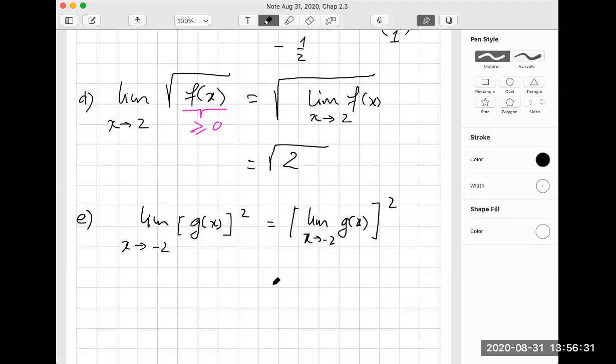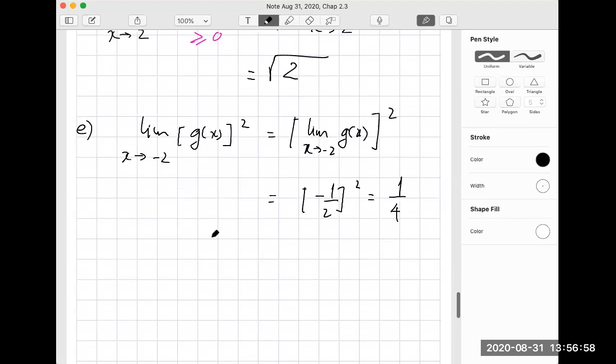And which is -1 over 2 squared. Negative squared, which gives us a positive number, 1 over 4, right? So that's it for that. Some basic laws and from the graph.